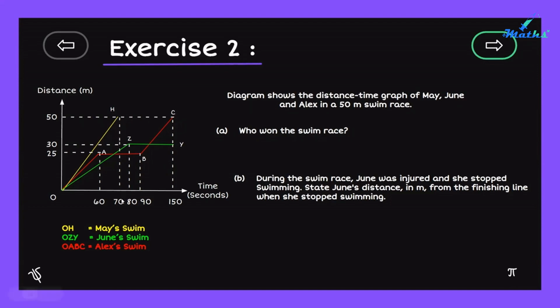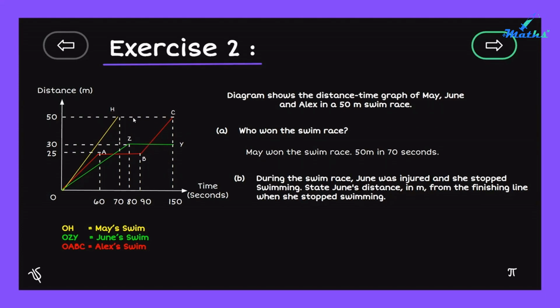So May uses 70 seconds. Alex uses 115 seconds. So obviously, May won the swim race because she used 70 seconds for 50 m. So we need to find the distance from the finishing line when she stopped swimming. So she stopped swimming here, and we find this distance.